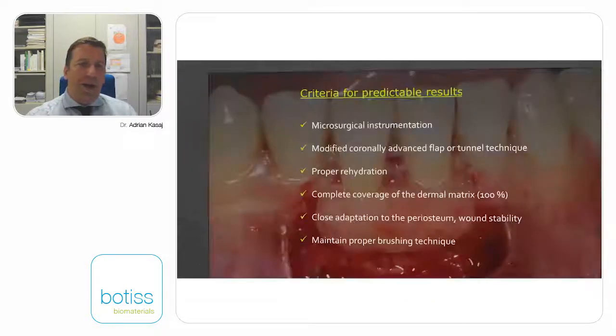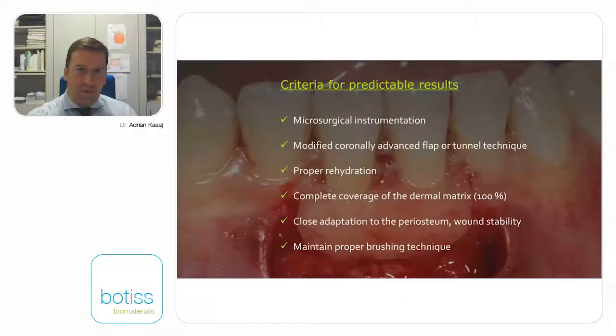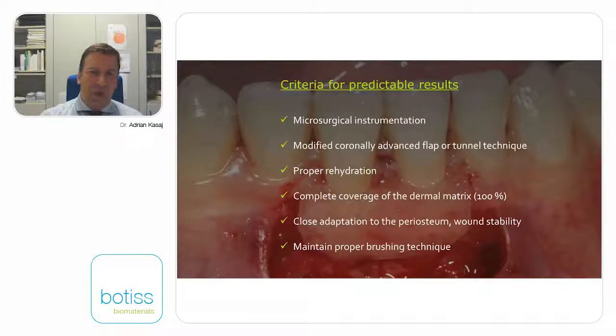So if we summarize the criteria for predictable results when working with the mucoderm matrix, also in combination with Emdogain, you should prefer a microsurgical approach.